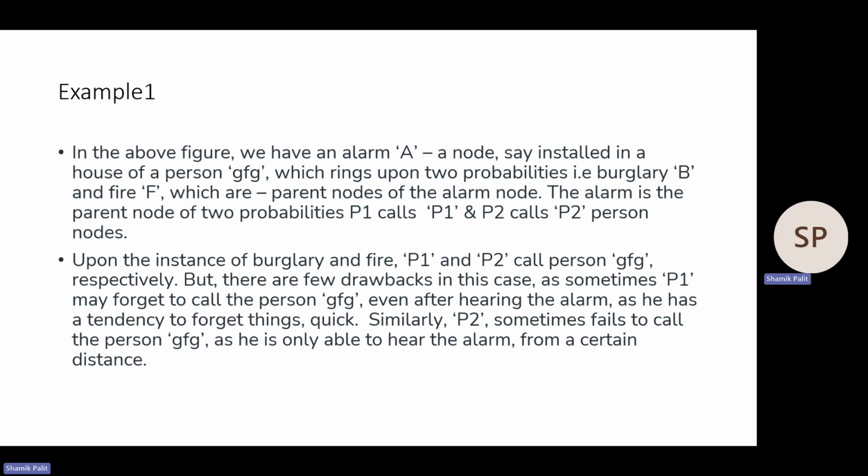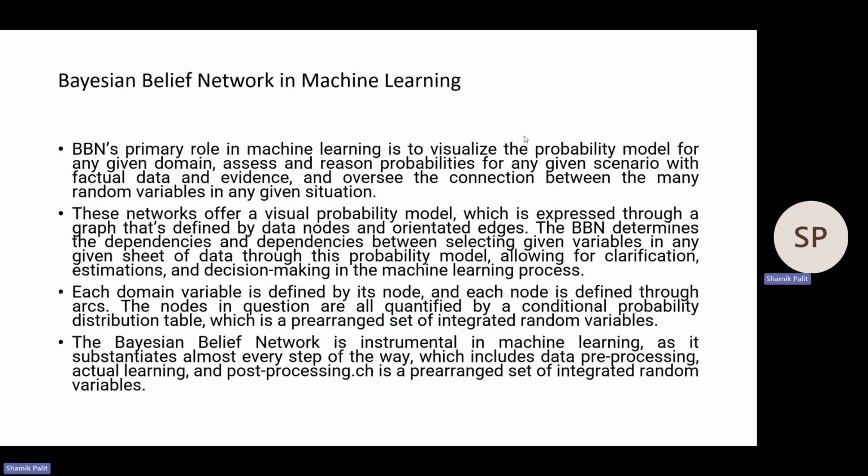So whenever we are considering any real world situation, like what we have done over here, the idea of a Bayesian belief network has a very significant impact on the prediction of any machine learning model. So exclusively, we can make use of a Bayesian belief network in various parts of machine learning. So first, we can visualize the probability model for any specific domain. We can explore the specific scenario based on the factual data as well as corresponding evidence.